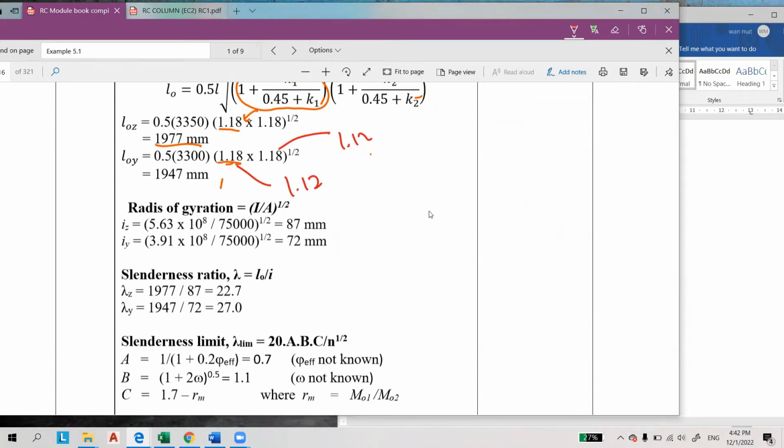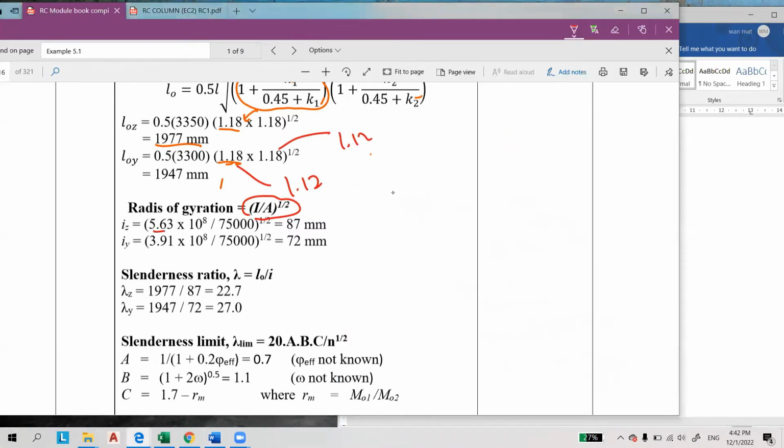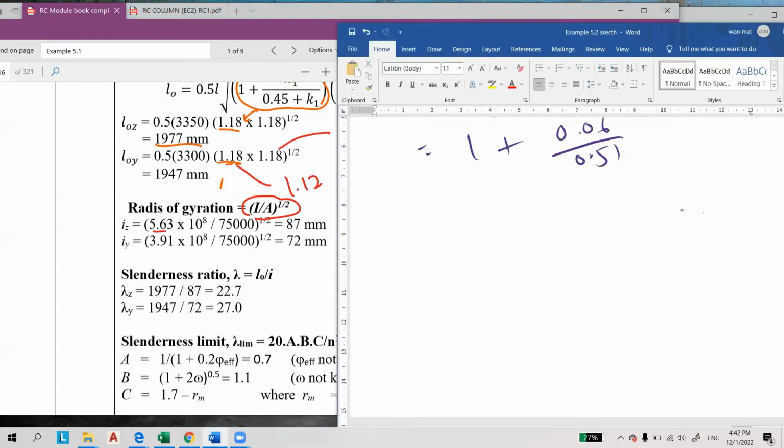Okay, this is I. The radius of gyration is I divided by A to the power of 0.5. So here I is equal to the Z, I is 5.53. So I over A to the power of 0.5, this is the radius of gyration.